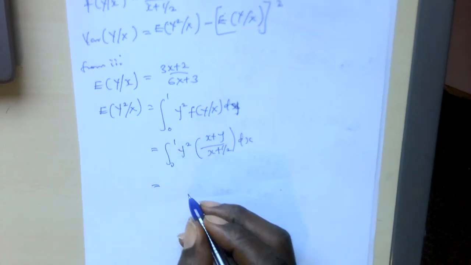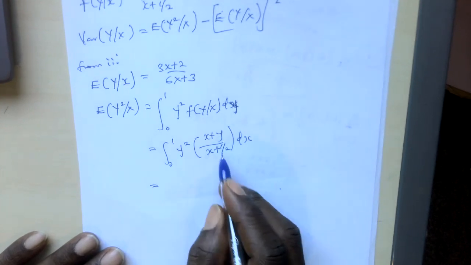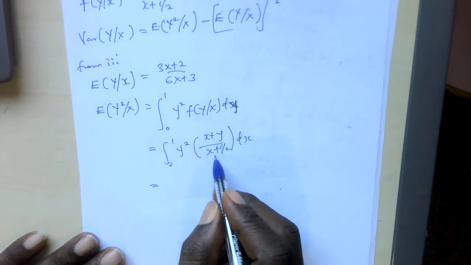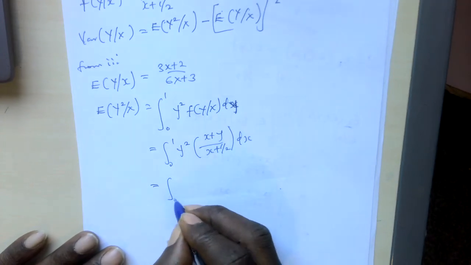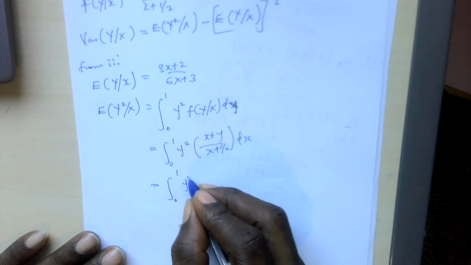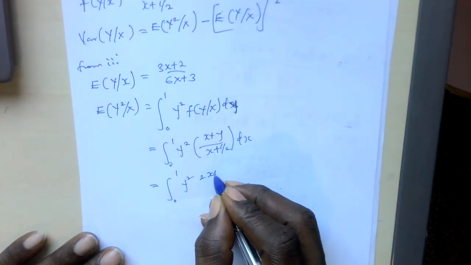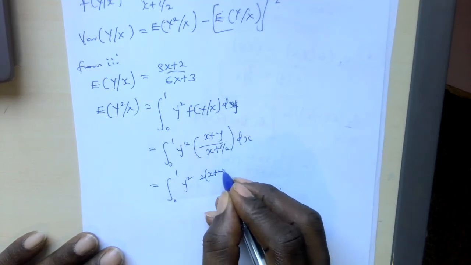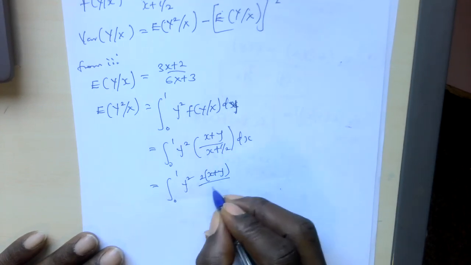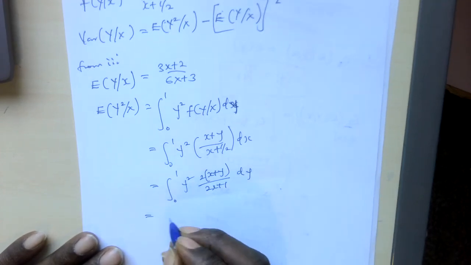So this is equal, of course, when you manipulate this as we did before, 0 to 1, you have y square, 2x plus y all over 2x plus 1 dy.